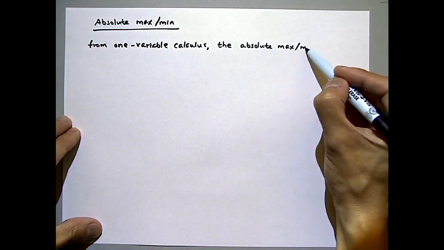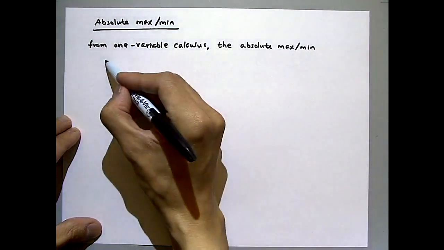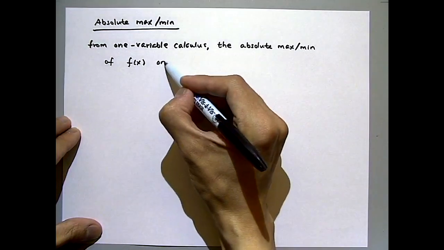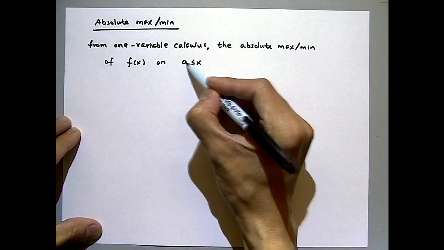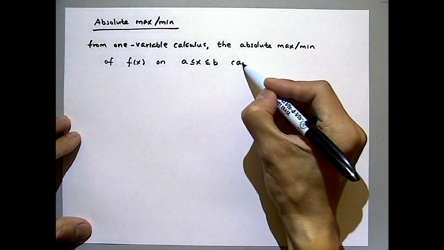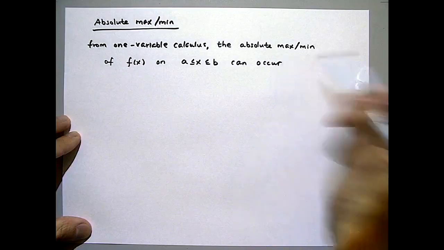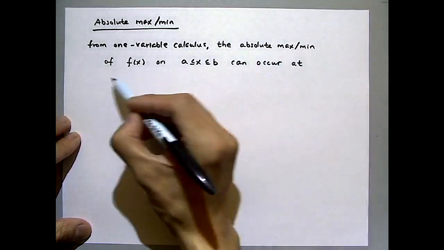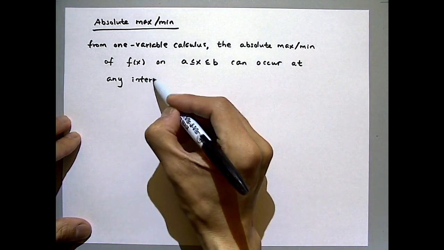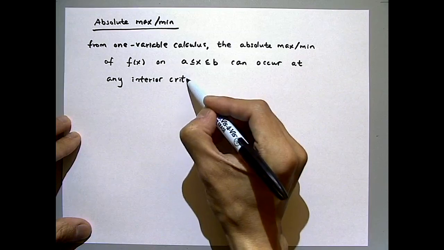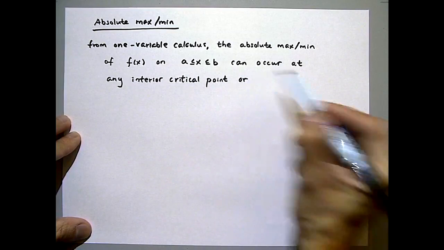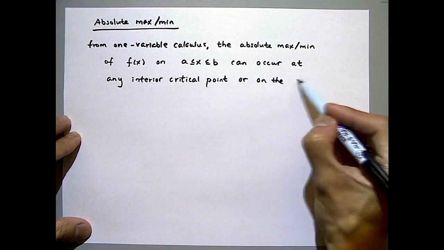So you remember this: the absolute maximum and minimum of a function f of x, y on the interval x is from a to b can occur at any interior critical point or on the boundary.